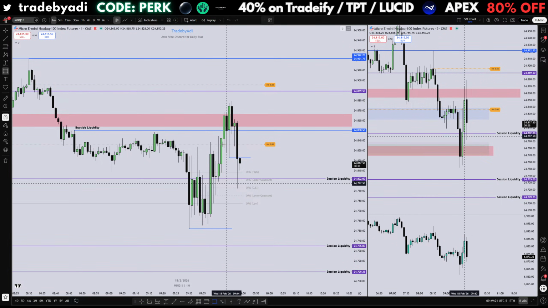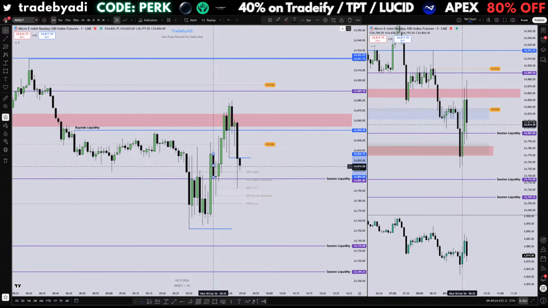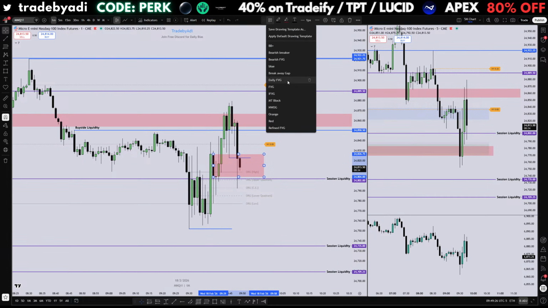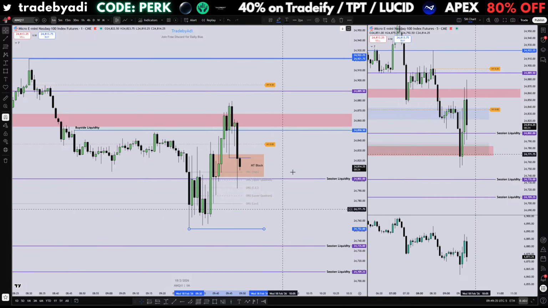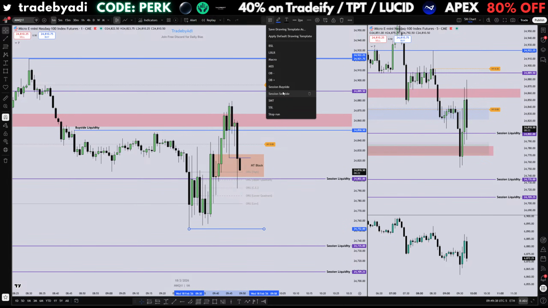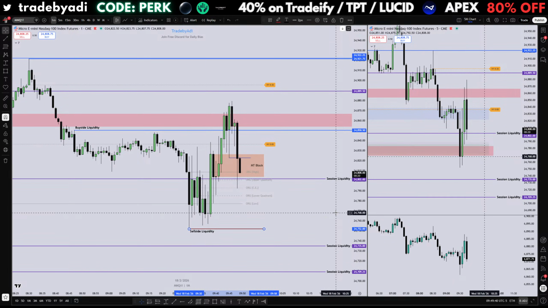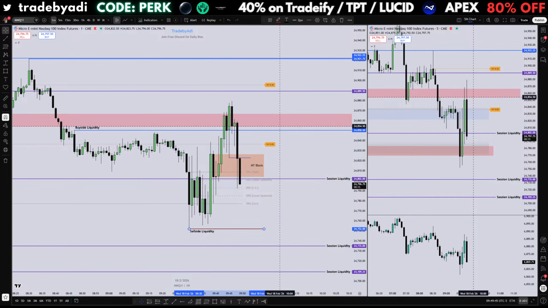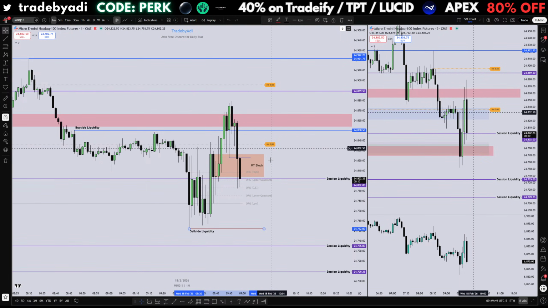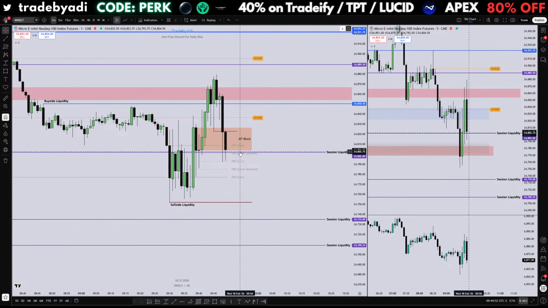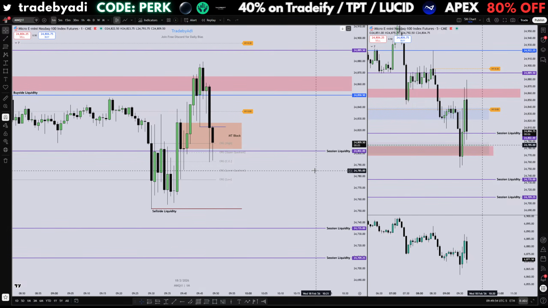This order block, let me mark this, will become a mitigation block for the inverse market maker sell model. This will be the sell side liquidity. And now we are into the opening range gap again.